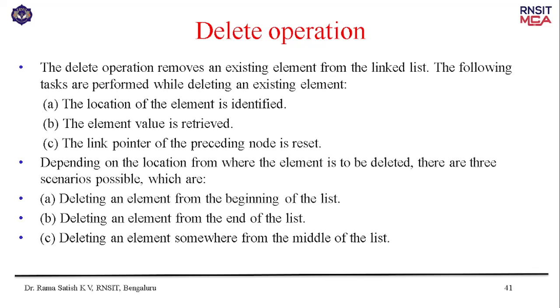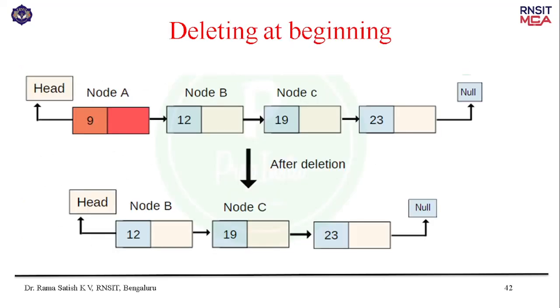So you have seen the insertion operation in arrays, and you have seen the insertion operation in linked lists. They are totally different. Similarly, the deletion operation also. So let us take this example.